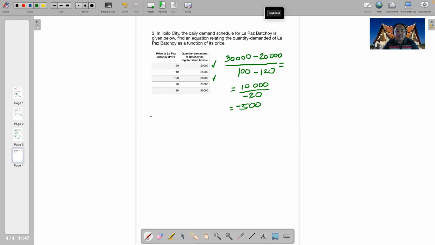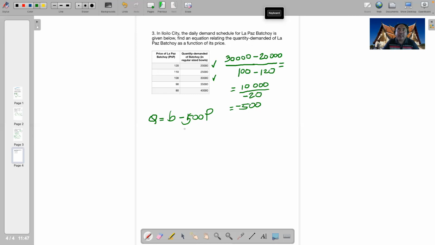Again, we recall that quantity demanded is equal to some constant b, okay? And then plus the slope. So minus, in this case, we have minus 500p. All right. Okay, so why is this minus? Because the slope is negative 500.